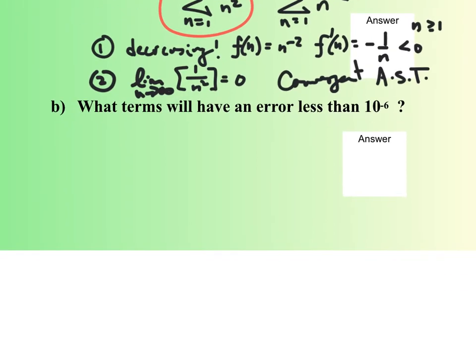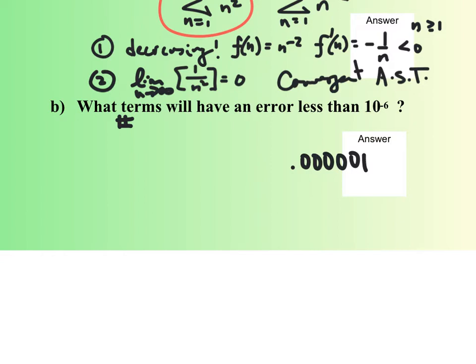Okay, so what number of terms will make this have an error less than 10 to the negative 6th? So what is 10 to the negative 6th? That'd be 0.000001, let's see. My brain isn't working right now.